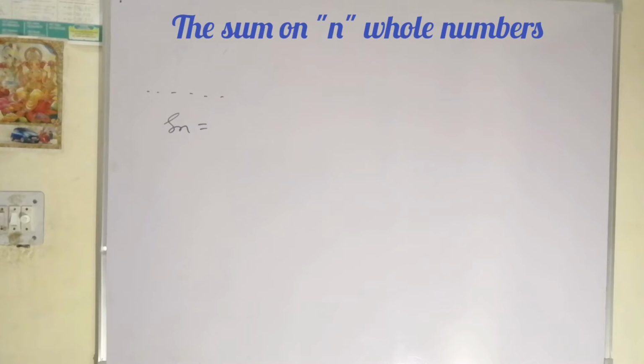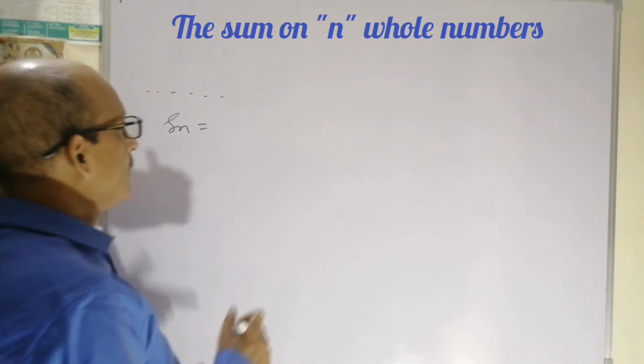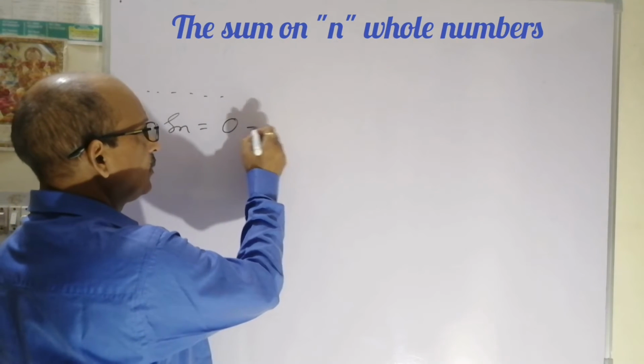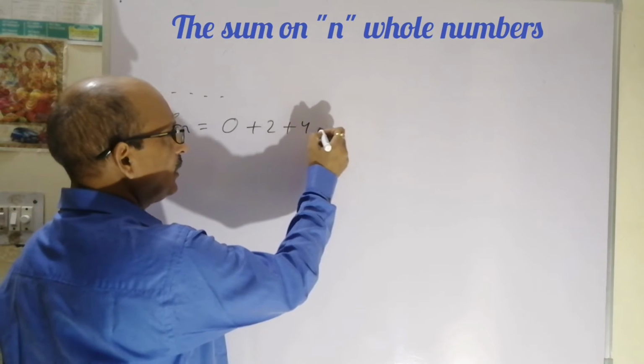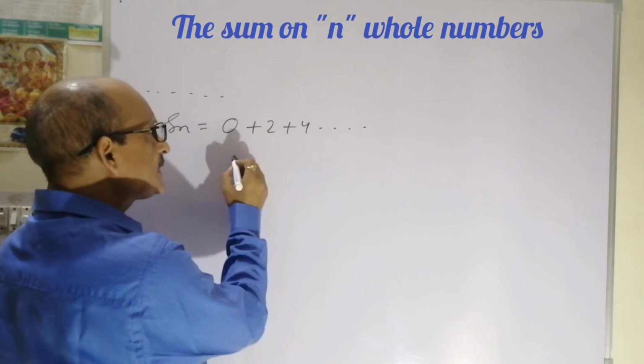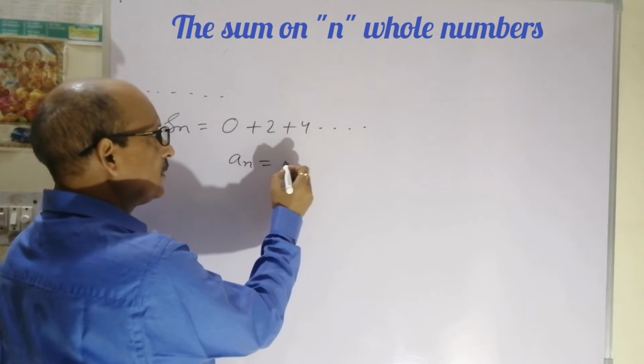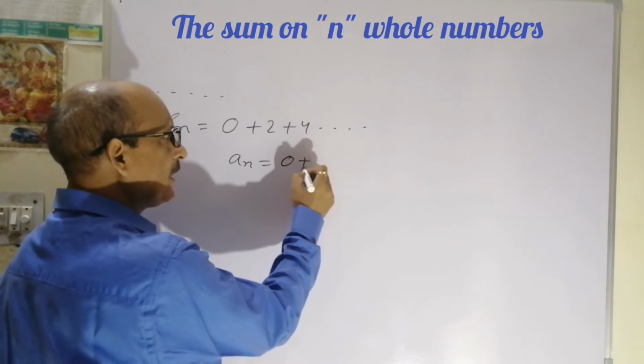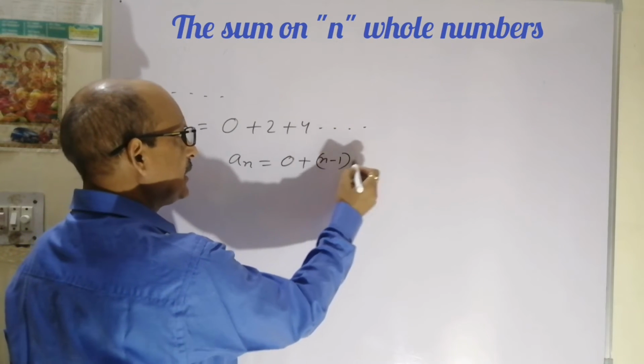If the question is extended to the sum of n whole numbers, what will we do? Let's see. We'll start from 0, 2, 4 and so on. Its an will be a plus n minus 1 into d.